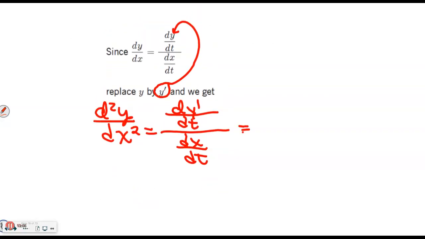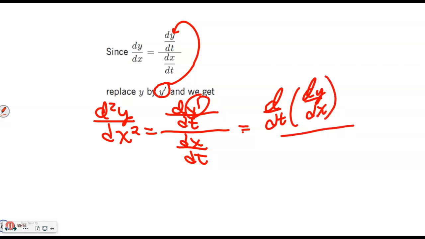So really, it's the derivative with respect to t of your dy/dx all over dx/dt. And I'm going to give you kind of the short thing in your head to think about, because you don't want to have to memorize that, do you? There's lots of d's and y's and x's and t's, and it's really quite easy to memorize. But just to prove it to you, you don't write this down, okay? Division's the same as multiplying by the what?